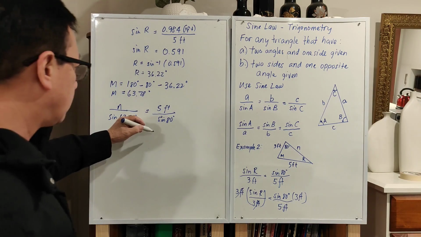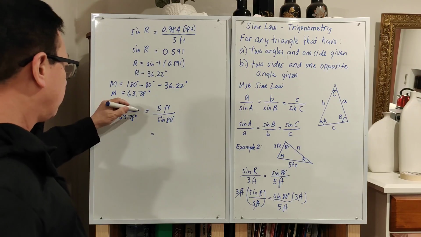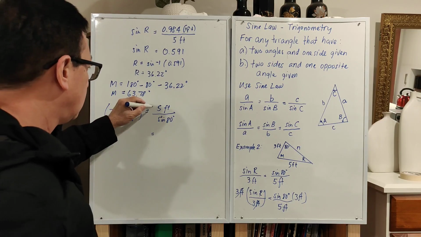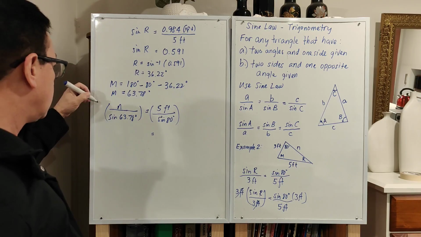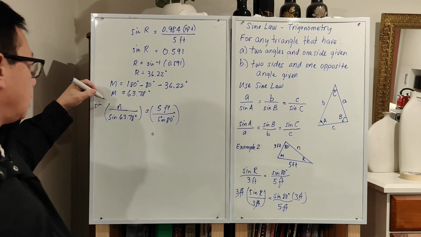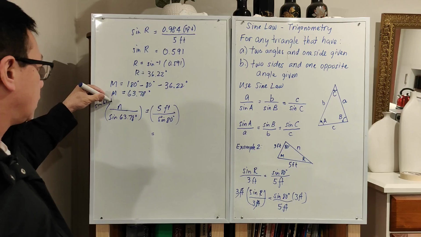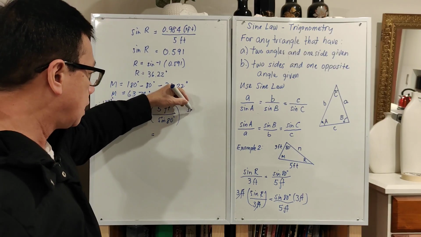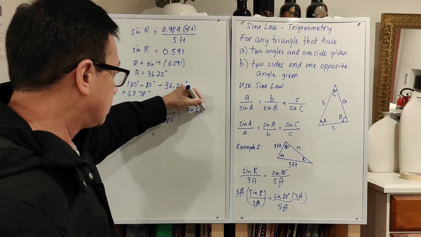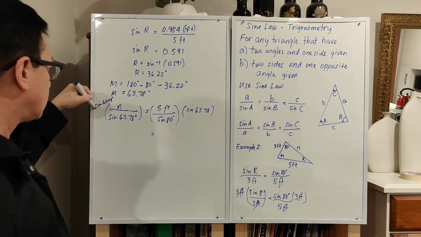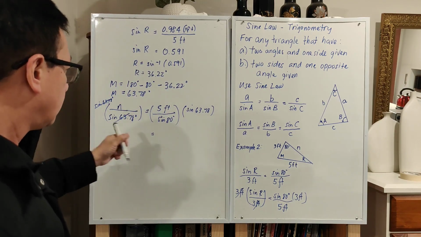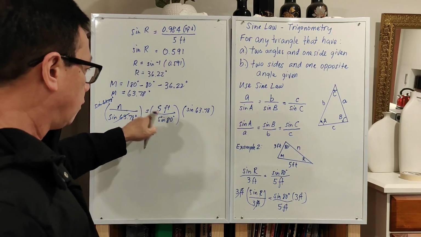So now we multiply both sides by sine 63.78 to cancel this one. So this will cancel out. So you have 5 feet.